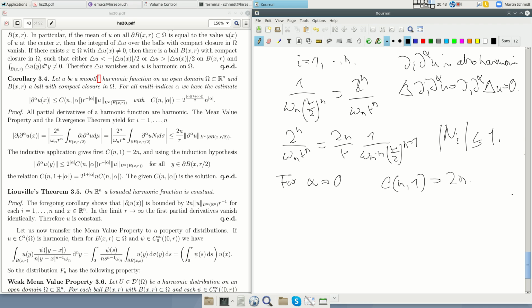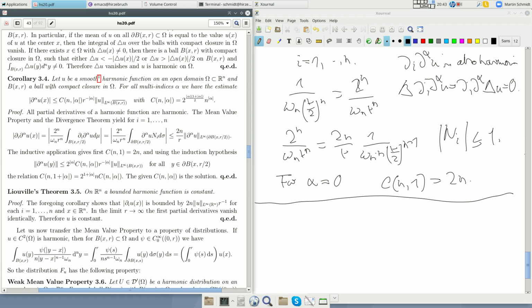This is a very nice estimate. We have a very nice estimate for the value of any derivative in terms of the supremum norm on a ball of radius r. And this has a very interesting consequence. There exist many theorems of Liouville, but this is one of his most famous.